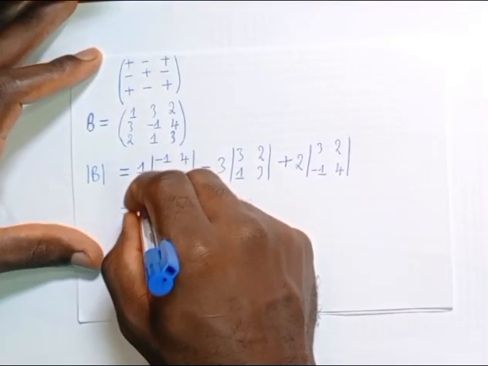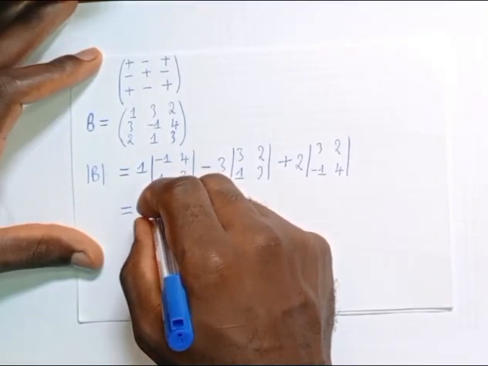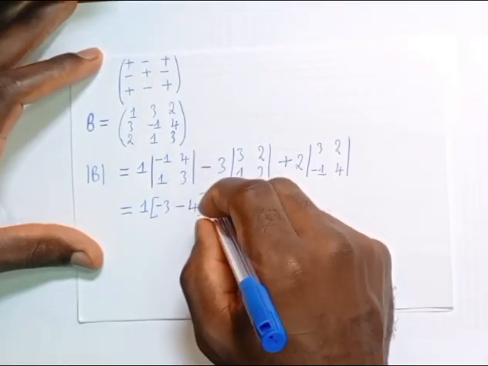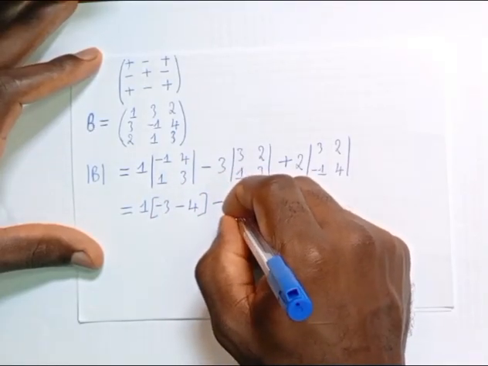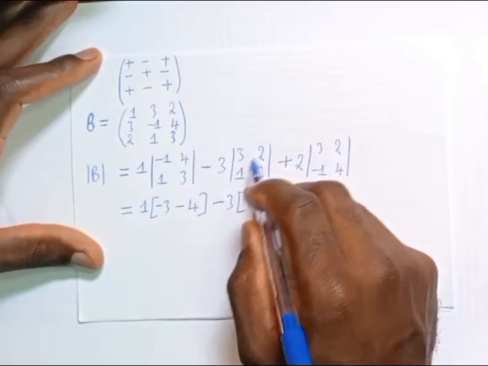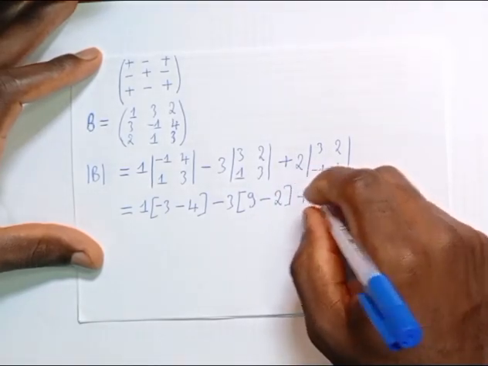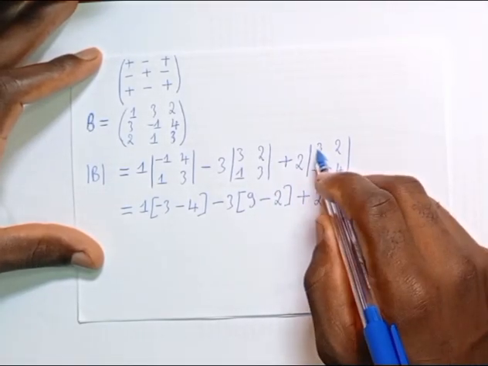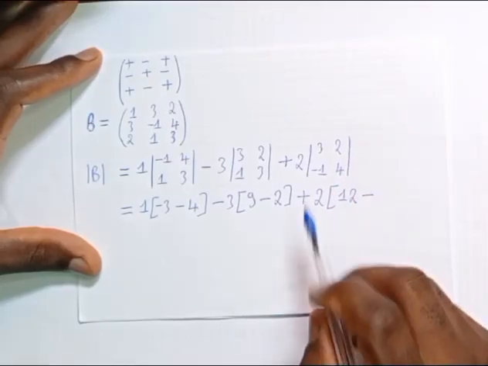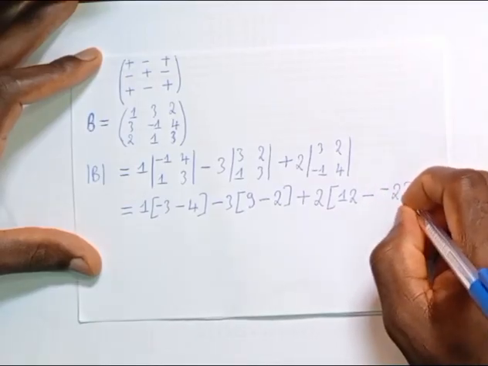This will simply be equal to 1 times negative 1 times 3 gives us negative 3, minus 4 times 1, which is 4, minus 3 times 3, which is 9, minus 2 times 1, which is 2, plus 2 times 3 times 4, which is 12, minus 2 times negative 1, which is negative 2.